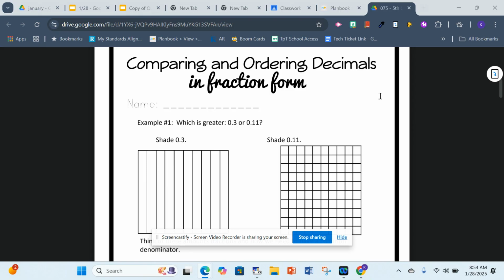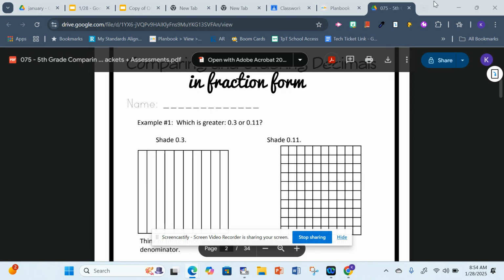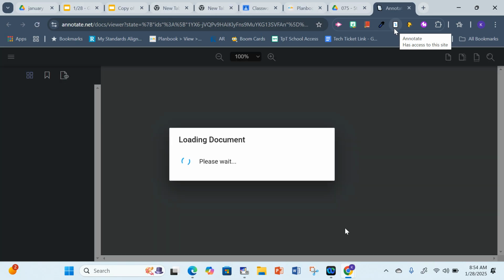Let's take our... I'm going to open this with annotate. Let's take and... waiting for this to open and annotate. Here we go.